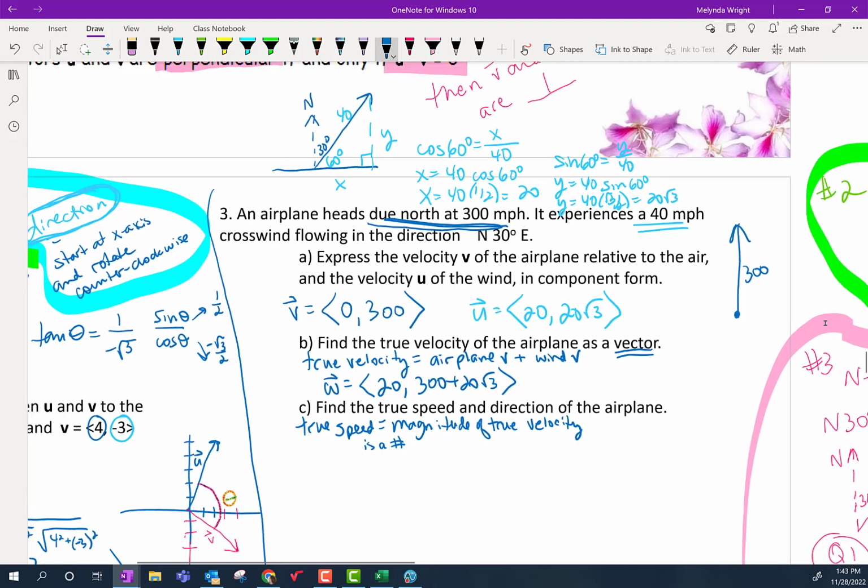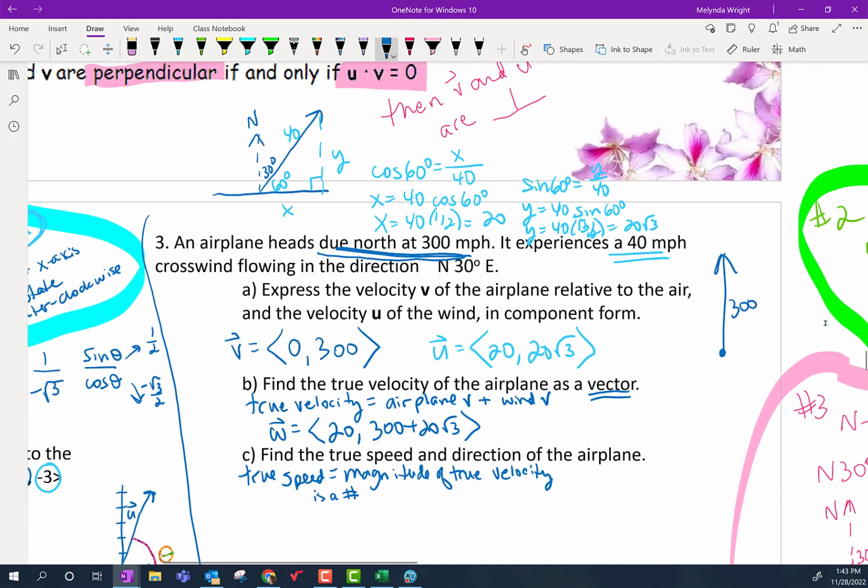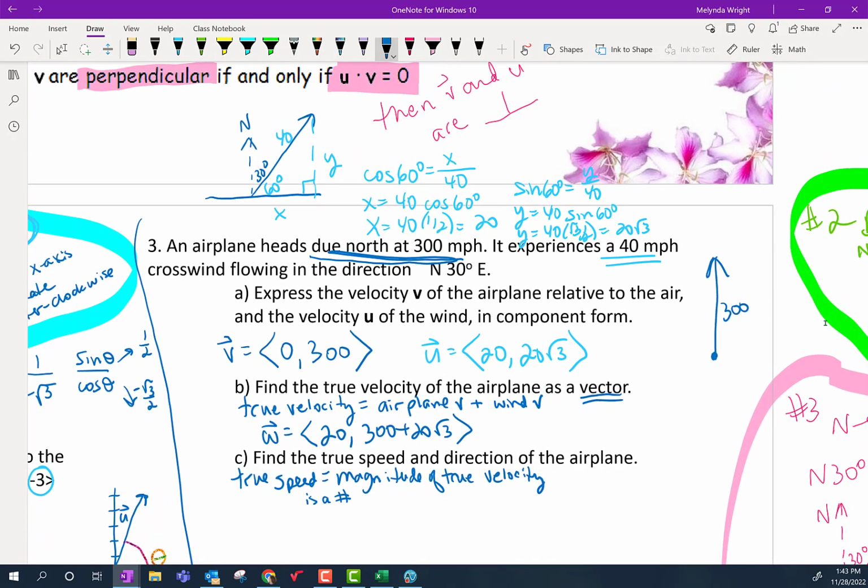Now I want us to think about this before I calculate it. So it says that the airplane is heading due north at 300 miles per hour, and we have a wind that's flowing northeast. Do you think that's going to speed the plane up or slow it down?